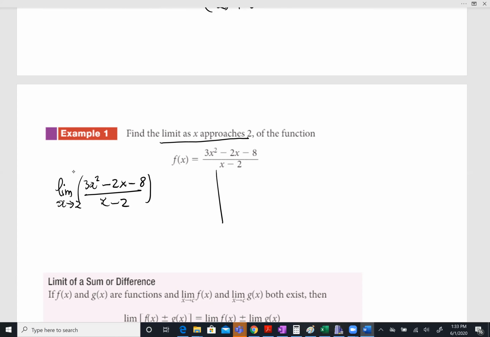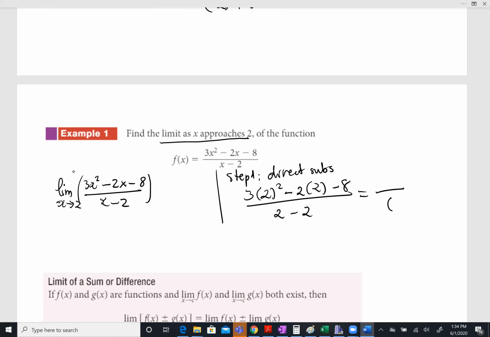So the first step, direct substitution, right? I will have 3 times 2 squared minus 2 times 2 minus 8, over 2 minus 2. Oh, I see that the bottom becomes 0. The top becomes something, so that's going to give me a DNE, or undefined, because the bottom is 0.